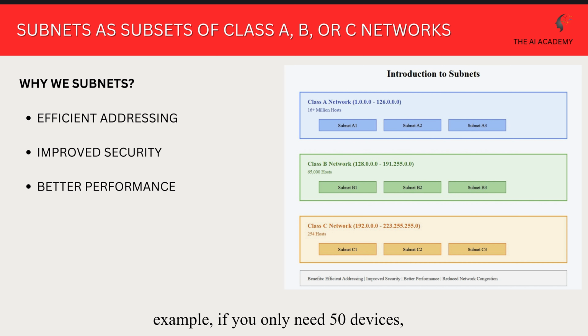For example, if you only need 50 devices, you don't have to use an entire Class B network that supports thousands. 2. Improved security, by isolating parts of the network, you limit access and potential damage in case of a breach. 3. Better performance, reduces network congestion by limiting broadcast domains, areas where devices hear each other's broadcast messages.